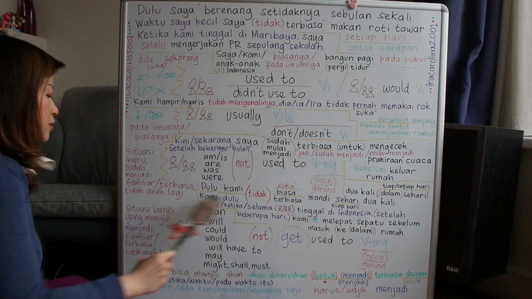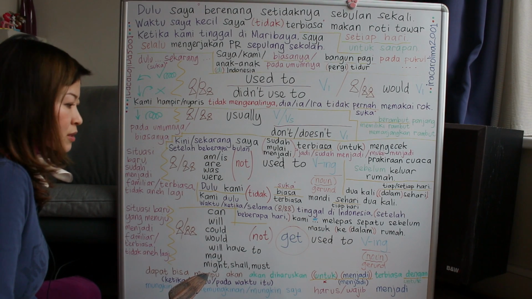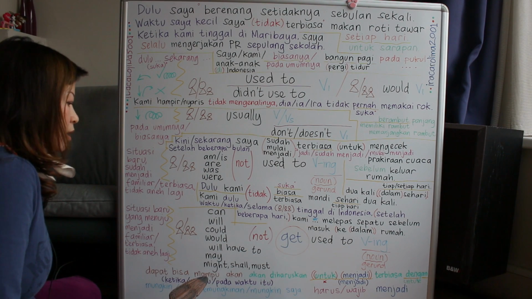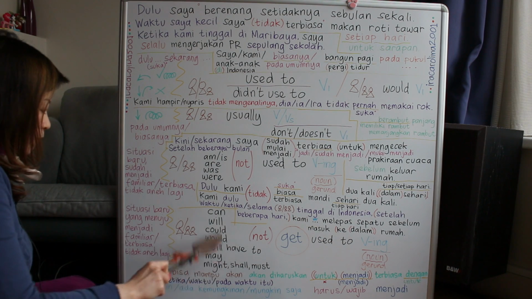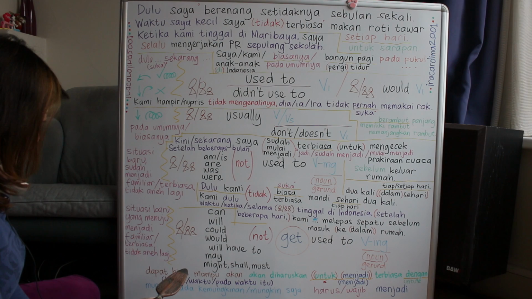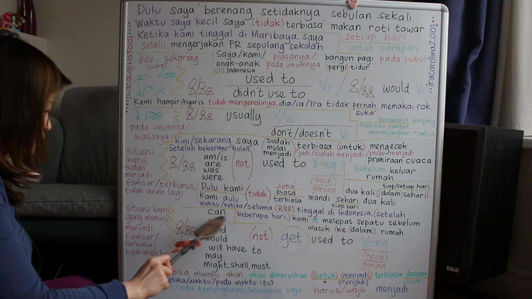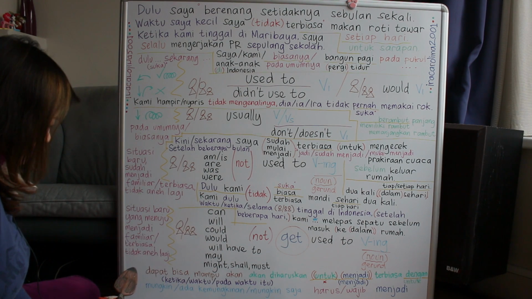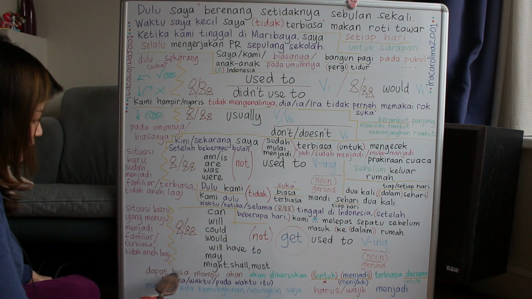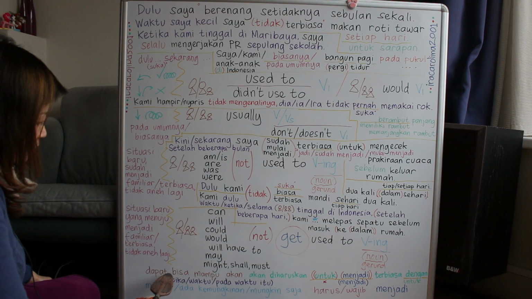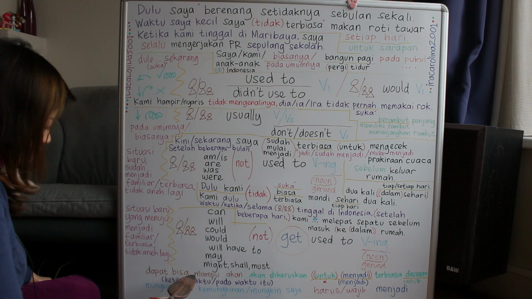And for these words, I will not put it in the sentence. I will just put it here by words. When you have to say can, you can use dapat or bisa or mampu.